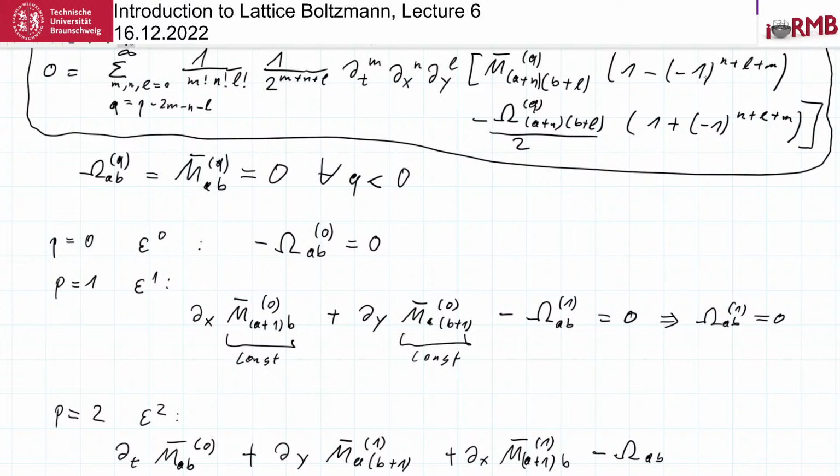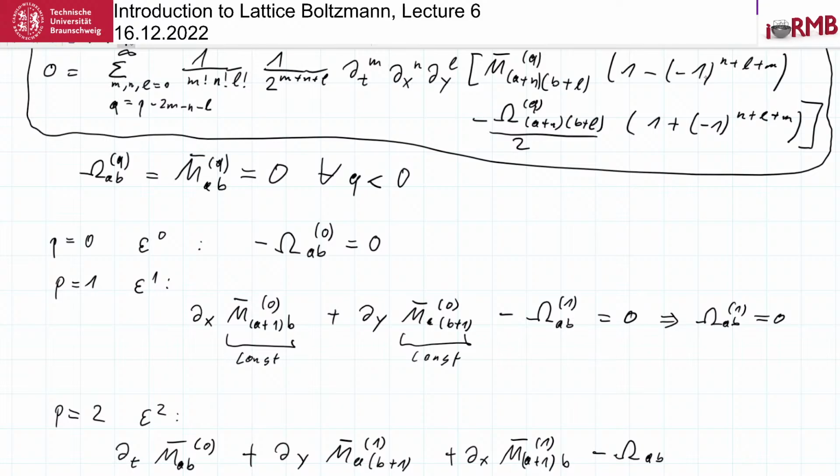Now if we don't have any derivative, so in the 0 part, which is here in the collision operator, then m and n and l are all 0.